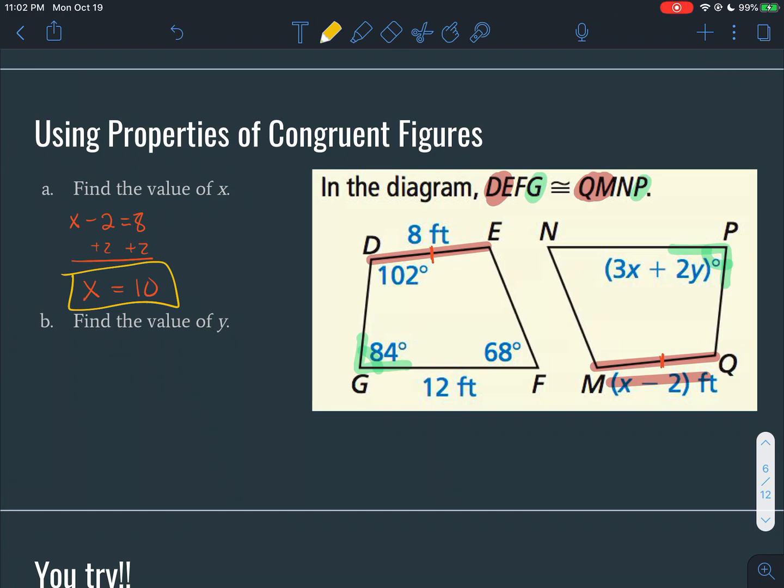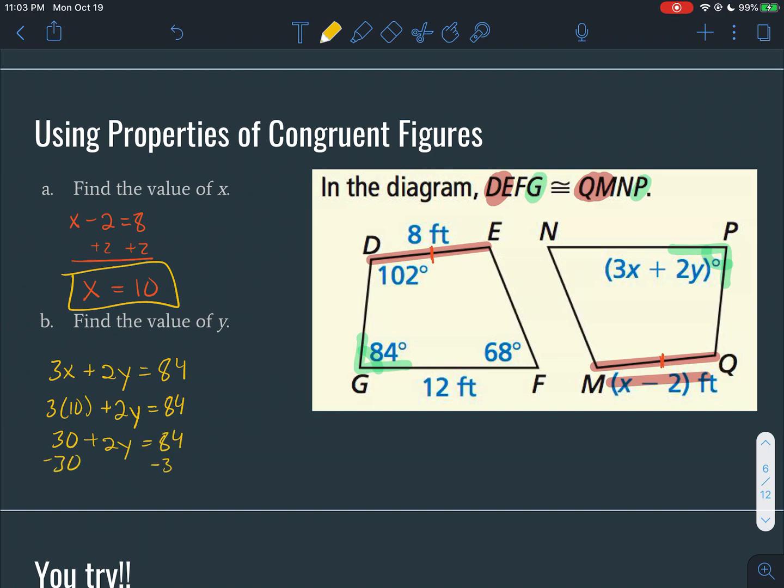So 3x plus 2y is going to be equal to 84. We just found out that x was 10, so 3 times 10 plus 2y equals 84, and then that's just an equation that we can solve. 3 times 10 is 30, plus 2y equals 84.